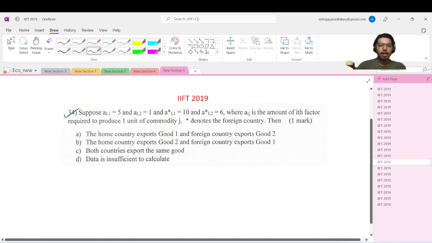So let me just write that down in brief: we are basically talking of the Smith-Ricardo framework, and labor is the only factor of production.